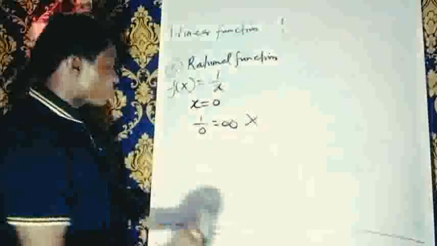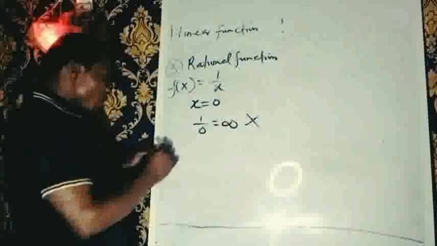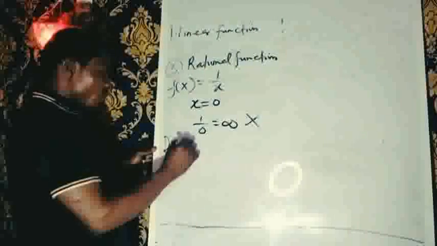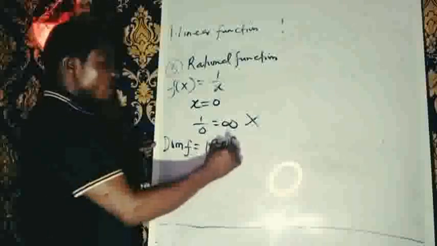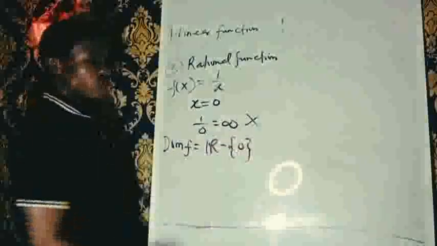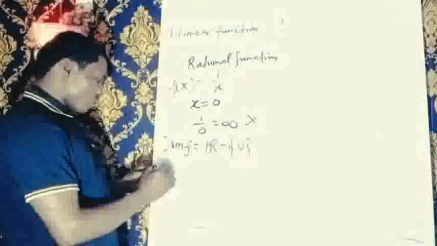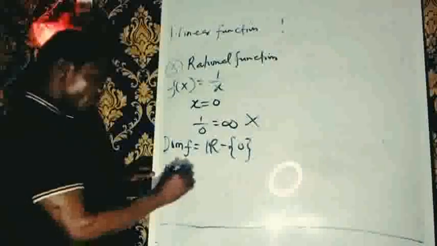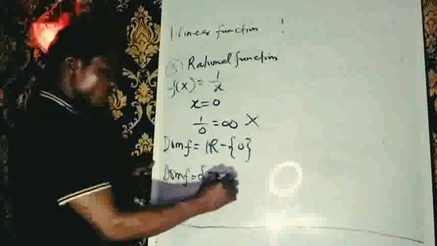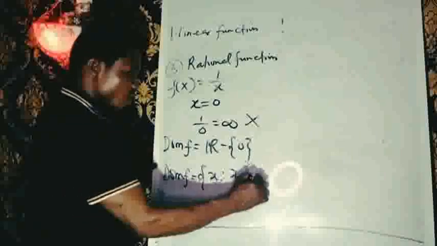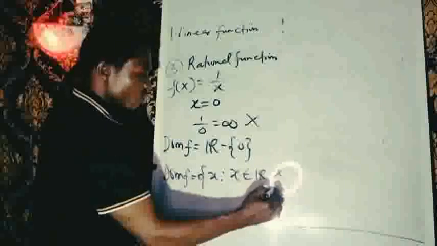So what we do in this case is say the domain of this function is all real numbers except 0. You can see that I'm using a different way now. I can still say the domain of this function is simply x such that x is an element of the real numbers, and x is not equal to 0.